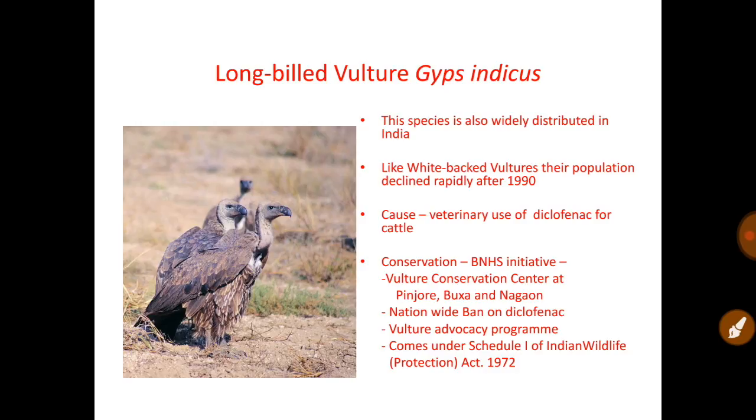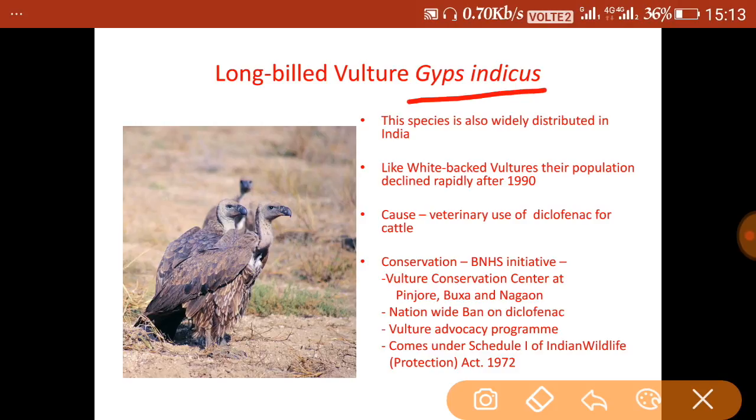This is the second species which is under decline, that is Gyps indicus, long-billed. You can see it's long-billed. Long-billed vulture Gyps indicus. It is widely distributed in India. It has a long beak.